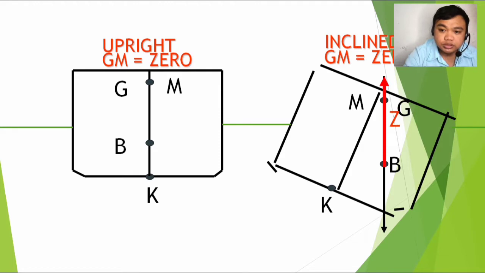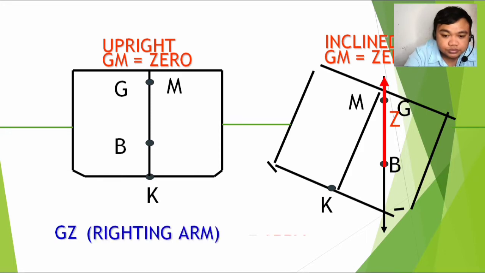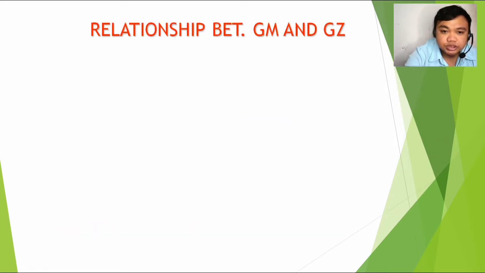So it means that there is no righting arm. And if it will shift or tilt to one side, it will not have the moment or the capacity to return to its upright position anymore. Okay, we have a 0 GZ and 0 GM.